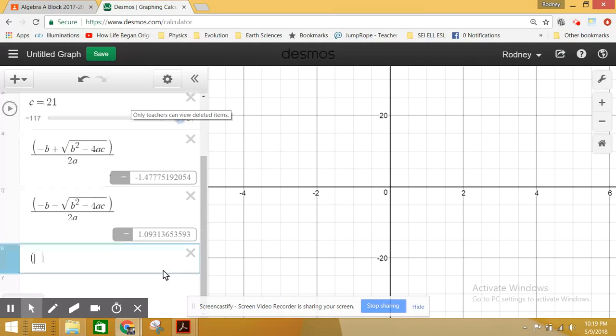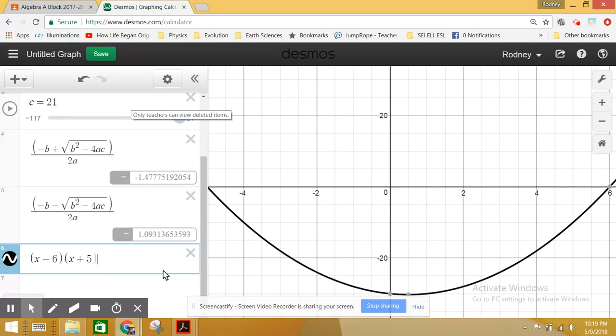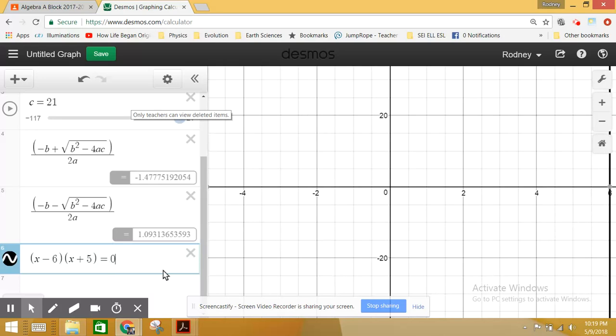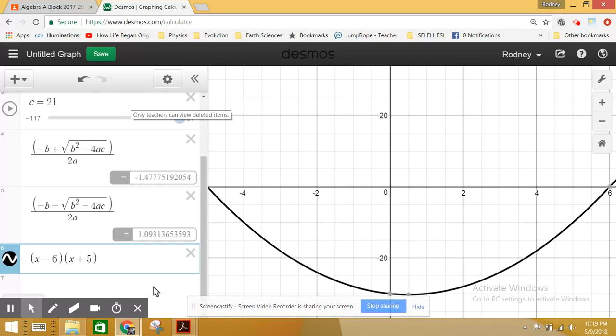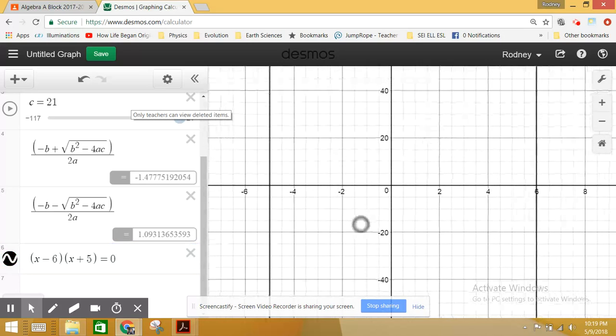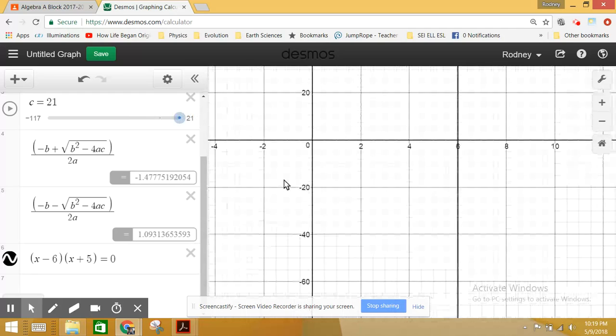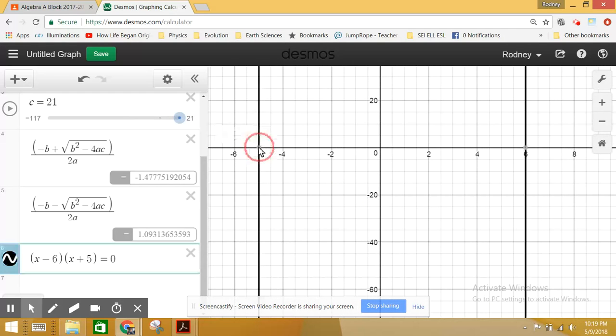So x minus 6, x plus 5 equals 0. Okay. So we have solutions at negative 5 and positive 6. Solutions, I mean x-intercepts, and I mean the roots, and I mean the zeros. The zero meaning when the function equals 0.